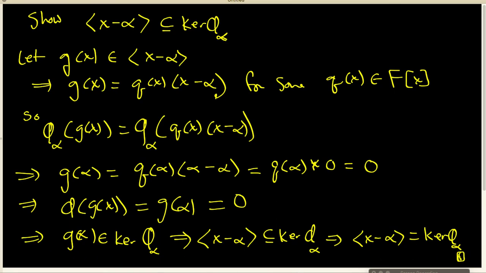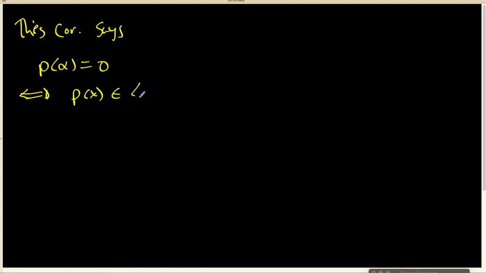Now, I do want to say one more thing about this corollary. This corollary actually says something else. This corollary says that p of alpha is equal to 0 if and only if p of x belongs to the principal ideal generated by x minus alpha, and that happens if and only if x minus alpha divides the polynomial p of x.